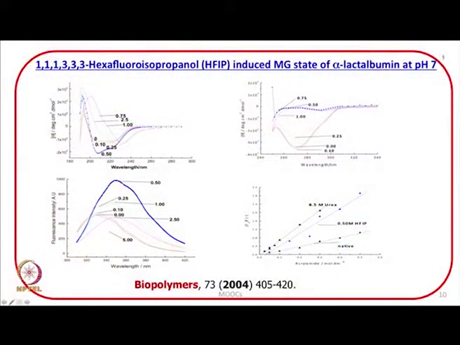But alpha lactalbumin at pH 7 without the removal of calcium ion shows a molten globule like state in presence of 1,1,1,3,3,3 hexafluoroisopropanol. And we have just discussed how circular dichroism spectroscopy can be qualitatively used in establishing the molten globule like state.